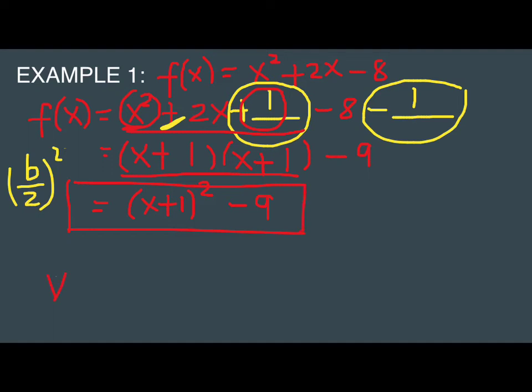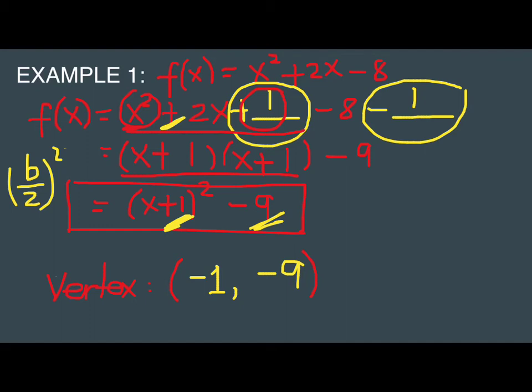Again, it's the opposite of what's inside. It's positive 1, so the x part of the vertex is negative 1. Whatever is here is copied as the y part of the vertex, so we have negative 1, negative 9. So the vertex of our quadratic function is located at negative 1, negative 9.